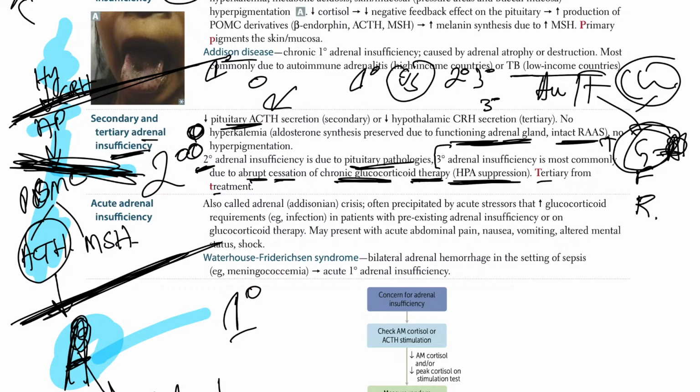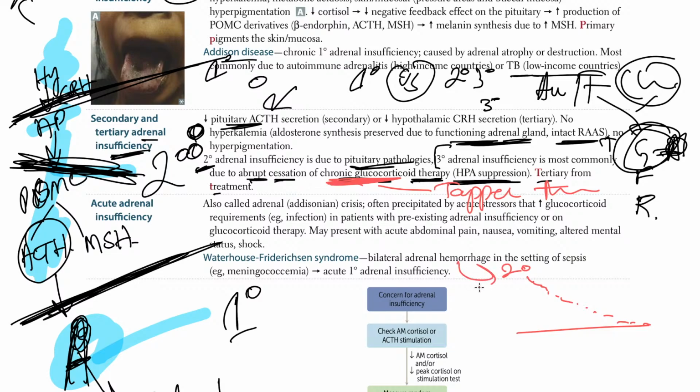So whenever you're giving a patient glucocorticoid, you always have to taper them off. Always have to taper them off. Tapering means if you are giving, let's say, a dosage of 20, you slowly go down to a point where it's barely minimum. Okay, and why is that important?